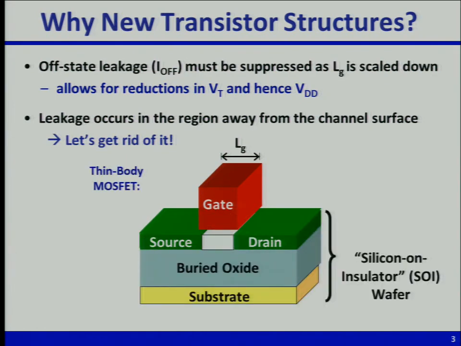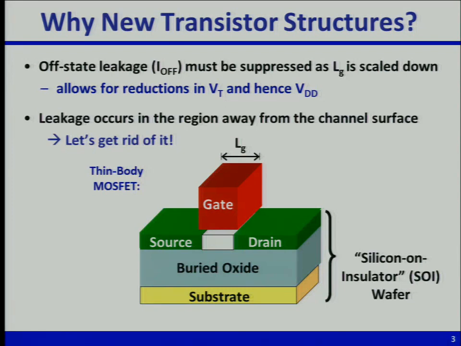Now, the easiest way back in those days to manufacture a thin body transistor was to start with a silicon on insulator substrate. So in other words, there are companies today that can manufacture single crystalline silicon on oxide, silicon dioxide, on top of another silicon wafer. The way they do this is they take a silicon wafer with oxidized surface, and then take another silicon wafer and bond it face down. Okay, and then they etch away, they remove the silicon wafer which was face down, and they can thin it down.